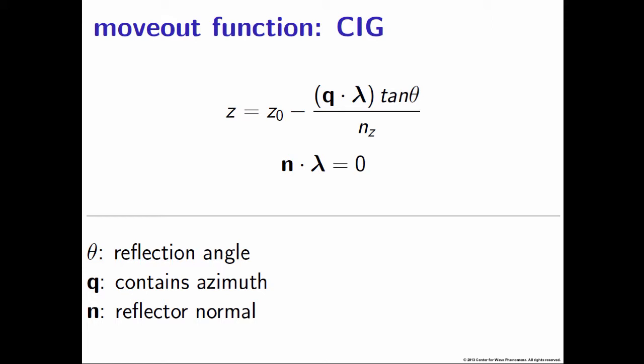And unit vector Q contains the azimuth. The second equation, n dot lambda, helps us to save some cost because we can use the reflected normals instead of computing one of the lags. After we do this, we obtain the angle gathers, like before. So: compute the extended images, then slant stack in that space to compute the angle gathers.